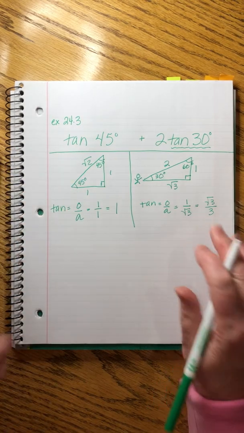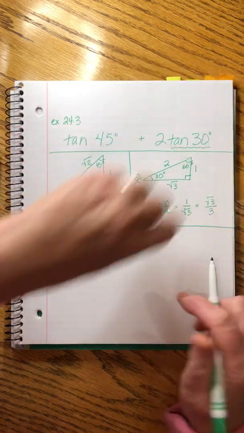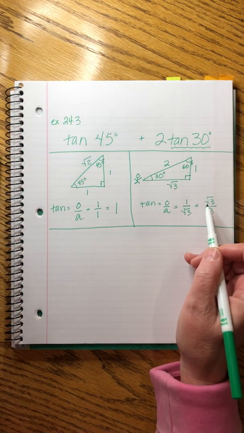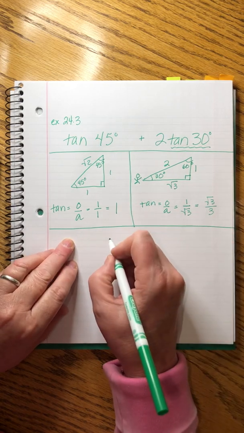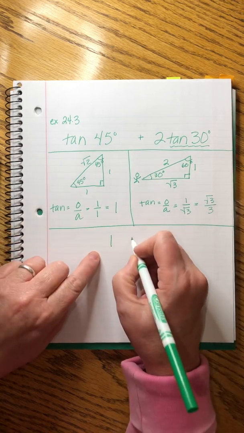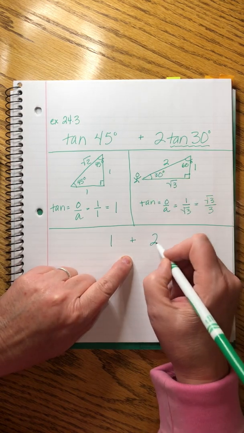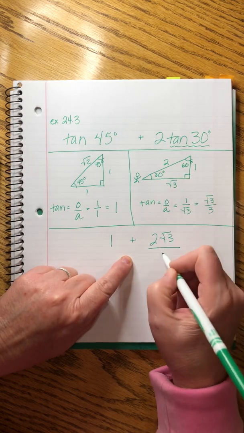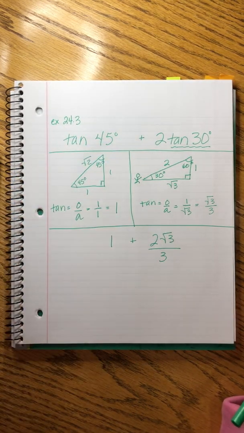Now, all we have to do to get this full value is multiply that by 2. So we have 1, that's this, plus this times 2. So it's 2 square root of 3 over 3, right? All you have to do is multiply it by 2. There's nothing tricky about that.